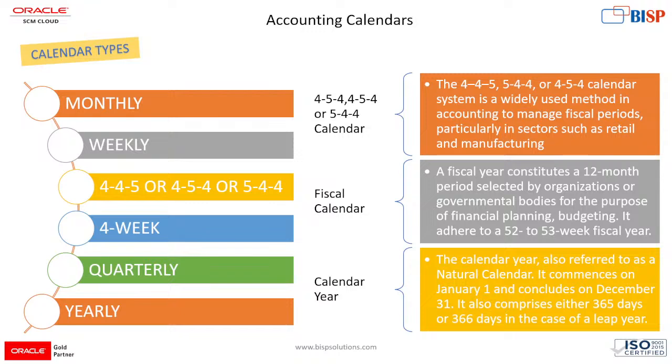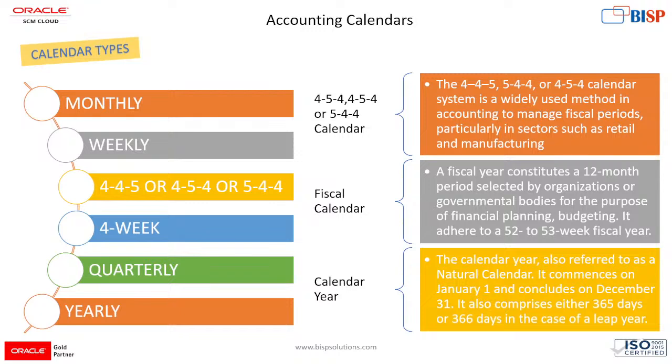The calendar year often corresponds to the fiscal year for taxation purposes. While many companies use the calendar year as their fiscal year, some opt for different start and end dates for their fiscal reporting period. A calendar year comprises either 365 days or 366 in case of a leap year.